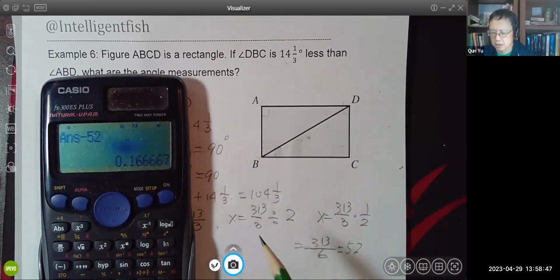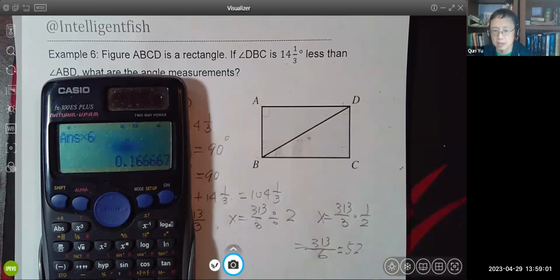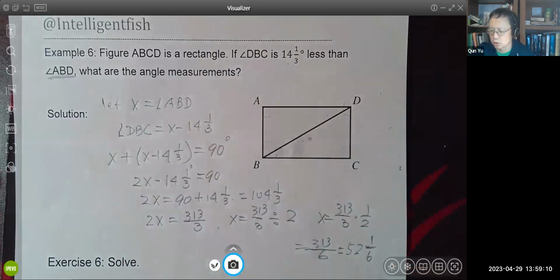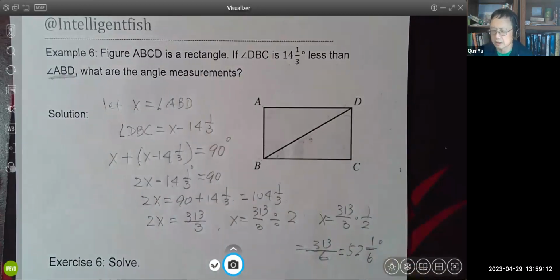Then multiply the fractional part by the divisor, which is 6. That's going to be the numerator in your fractional part. So that's 1 over 6. So 52 and 1/6 degrees.